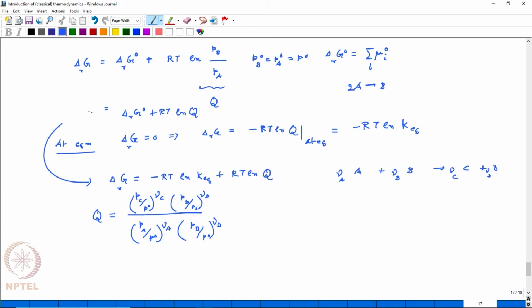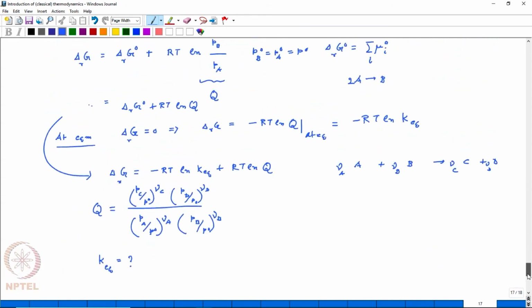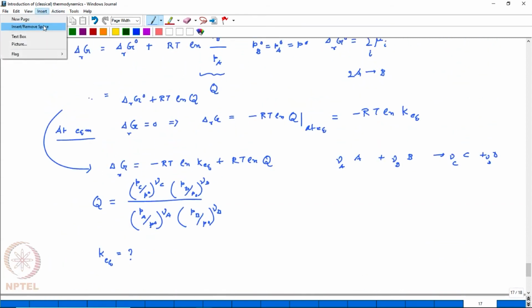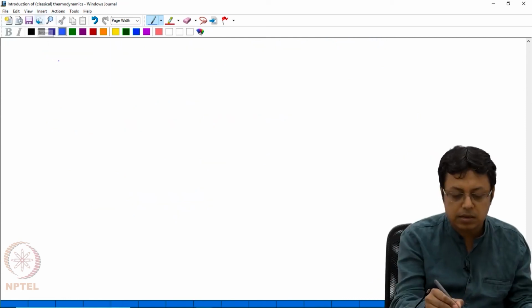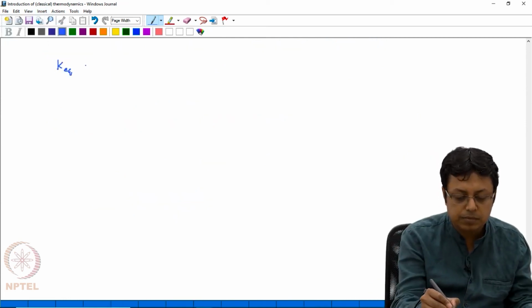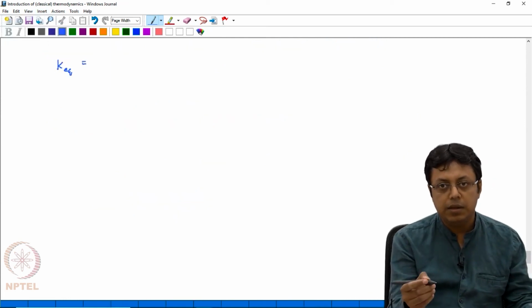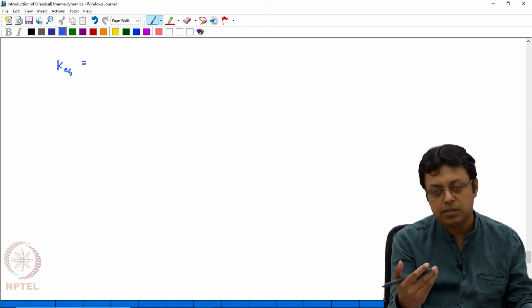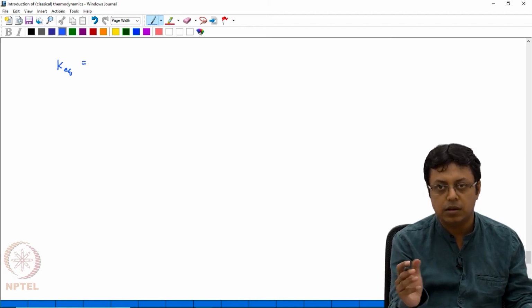And then we ask what will be the effect of external conditions like pressure, temperature, or inert gas on the equilibrium constant. That we try to understand, and then if we carry out the maths, we will see that there can be many effects, for example of inert gas or temperature.